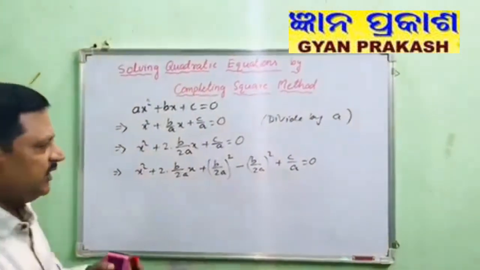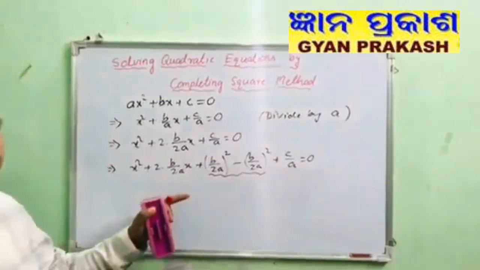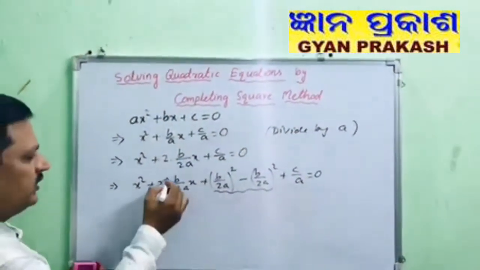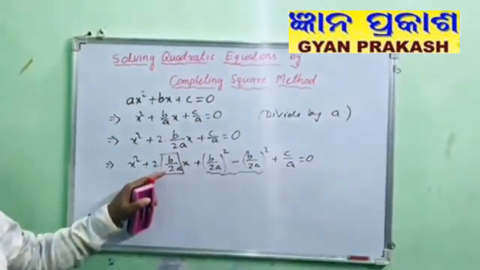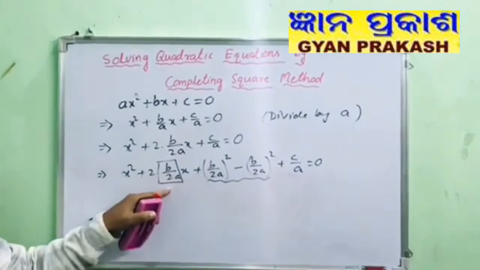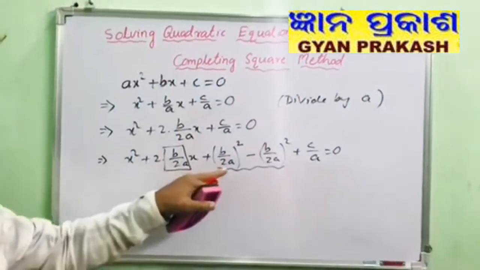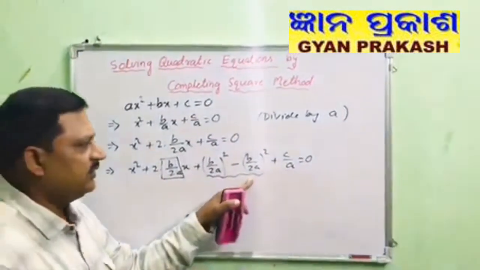In this step what I have done is just added and subtracted b by 2a whole square, okay? The coefficient of x here is 2 into b by 2a. To this one we have to add the square of this one, as well as subtract the square of this one, okay?